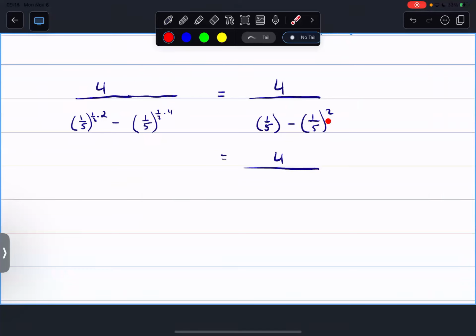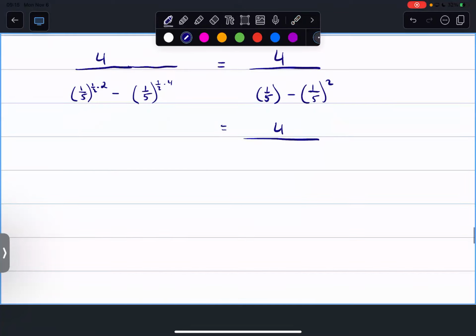What can you do? By one of the rules, you can distribute this square inside, right? 1 squared over 5 squared. Let's do that. So I have 1 over 5 minus 1 squared over 5 squared. Now I don't have a common denominator anymore, so I need to force that common denominator because I need to add and subtract these fractions.